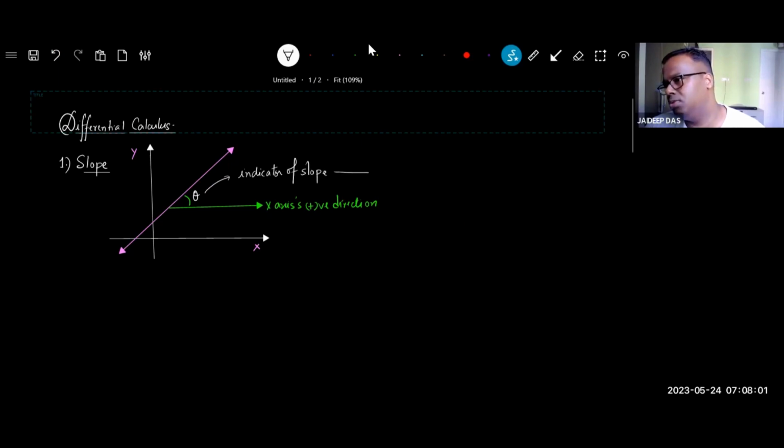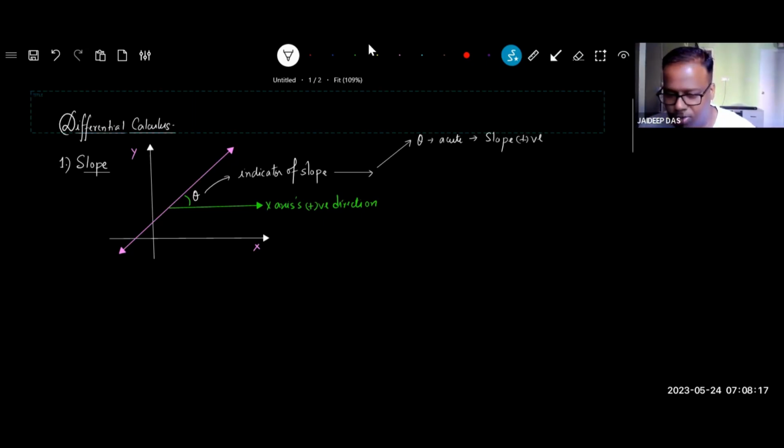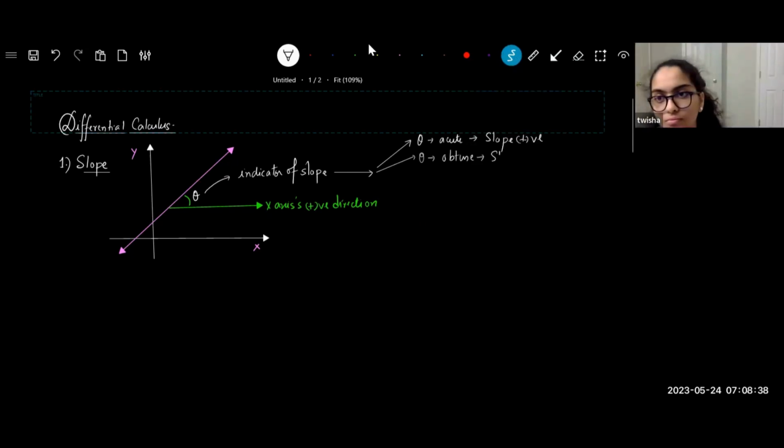Well, the indicator of slope can be under these different criteria. If the angle theta is acute, I will say that my slope is positive. There is a whole gamut of conclusions about slope. We are just doing it from a preliminary coordinate geometry perspective. We are not seeing any equations of a line or anything else as of now. Now, if the angle theta is obtuse, I would say that my slope is negative.